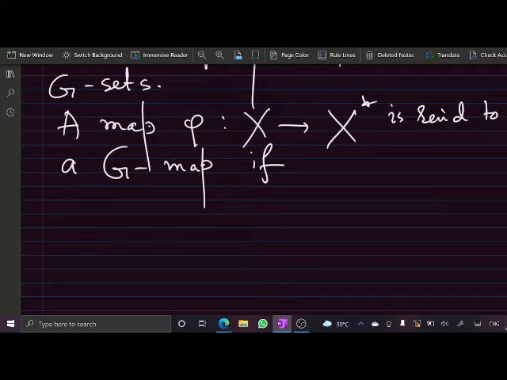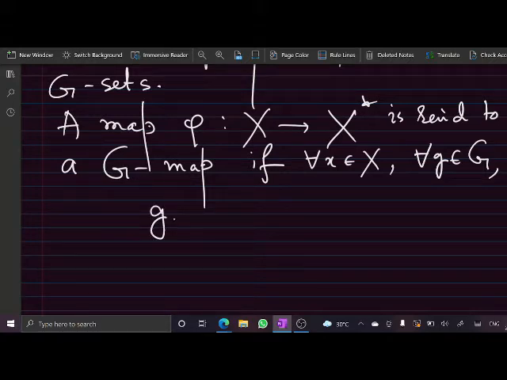So a map from X to X star is said to be a G map if for every x in capital X and for every g in the group G, g dot phi of x equals phi of g dot x.